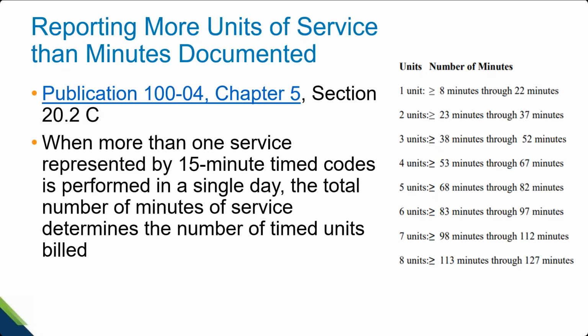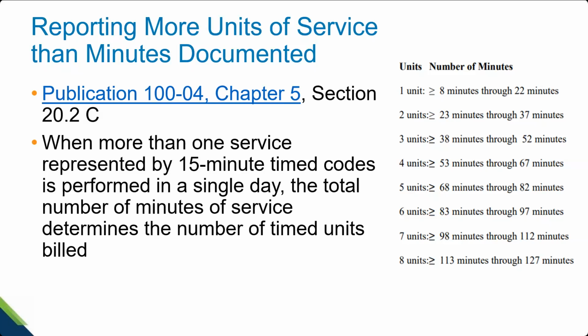So here's that breakdown as well. When more than one service represented by a 15-minute time code is performed in a single day, then the total number of minutes of service determines the number of timed units billed.